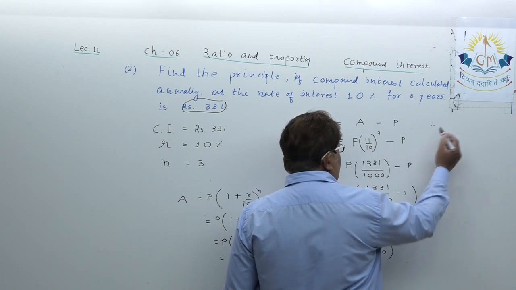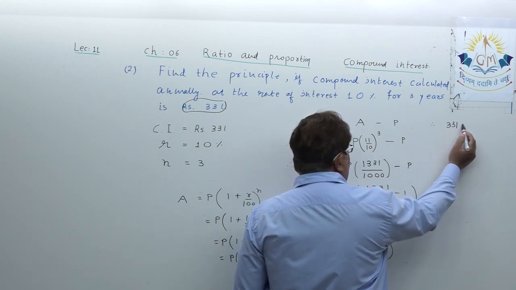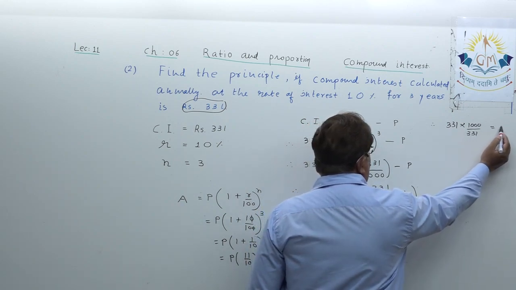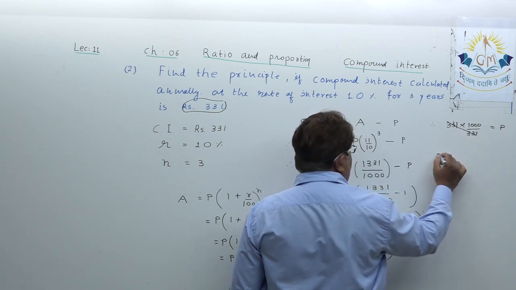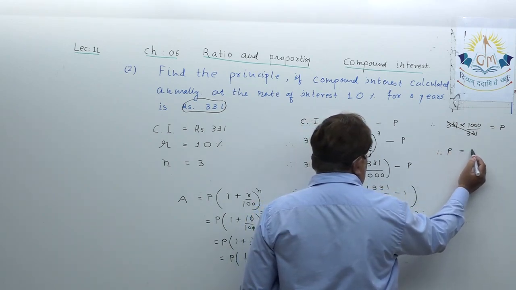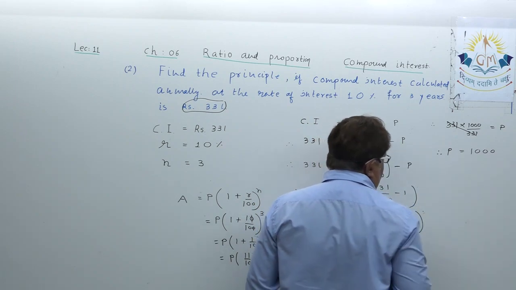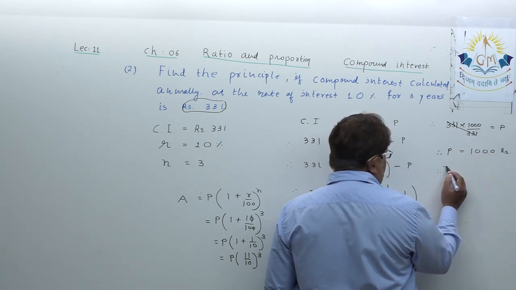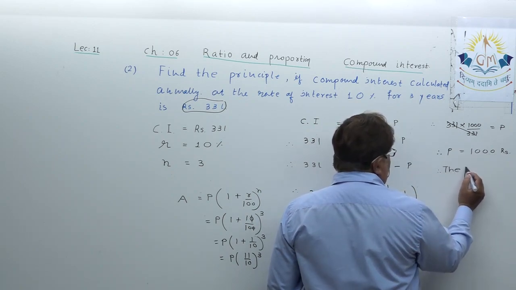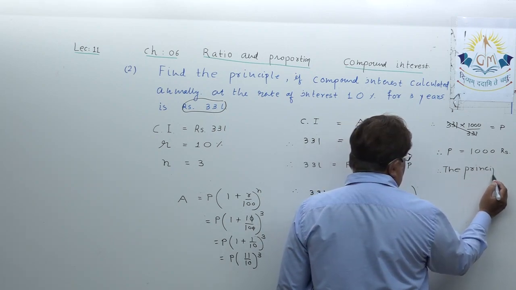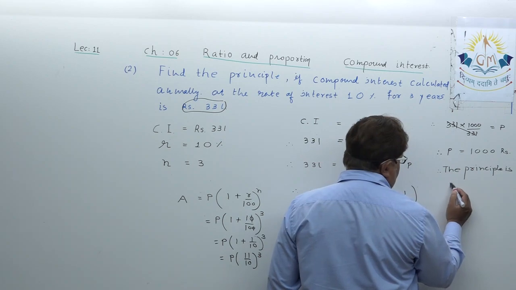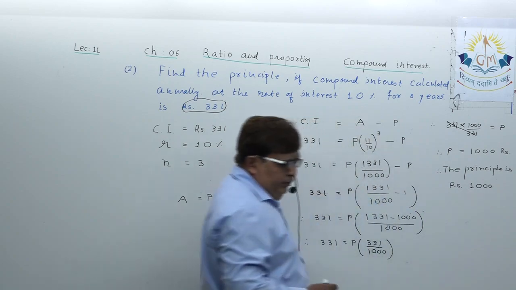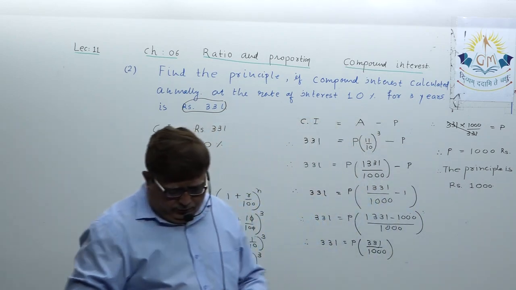Therefore, 331 into 1000 upon 331 equals P. Cancel this. So you got P equal to 1000 rupees. So finally your answer is therefore the principal is rupees 1000.